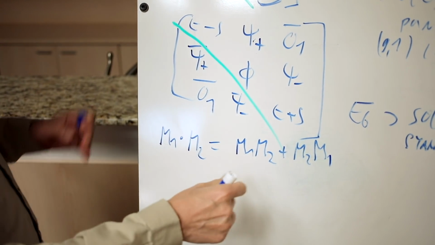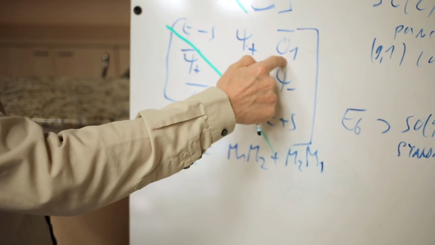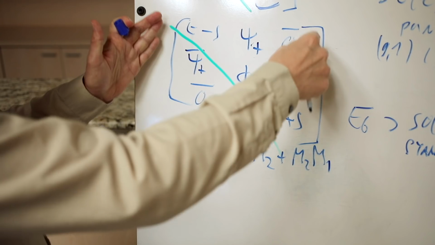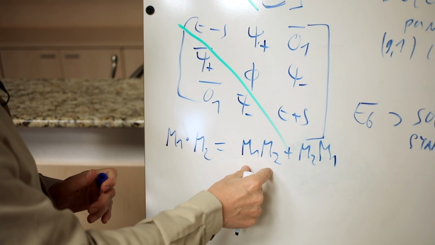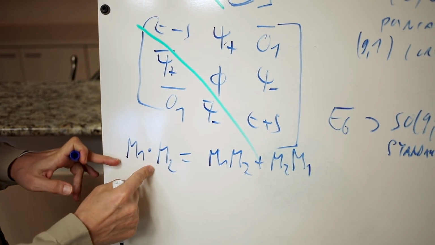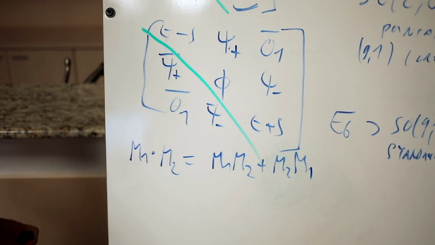Because otherwise you have problems of non-associativity of the octonion, so you cannot multiply. The standard multiplication of matrices with octonions is non-associative, but the Jordan product of these 3 by 3 matrices is associative.